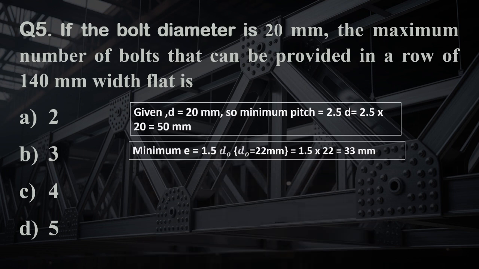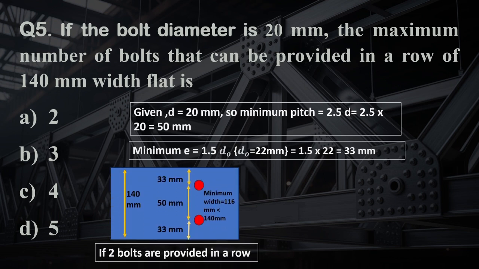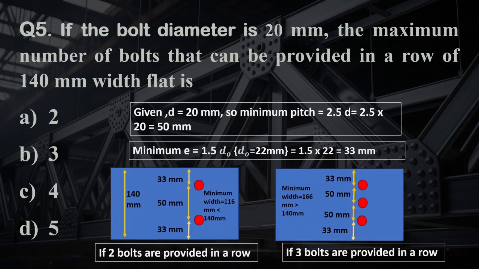Minimum edge distance equals 1.5 d0, where d0 equals 22 mm, equals 1.5 times 22, which is equal to 33 millimeters. This is the figure when 2 bolts are provided. And this is the figure when 3 bolts are provided. When 3 bolts are provided, the minimum pitch and edge distances exceed the total width of the plate. Hence, only 2 bolts can be provided.